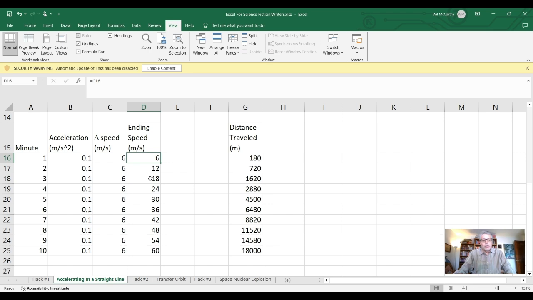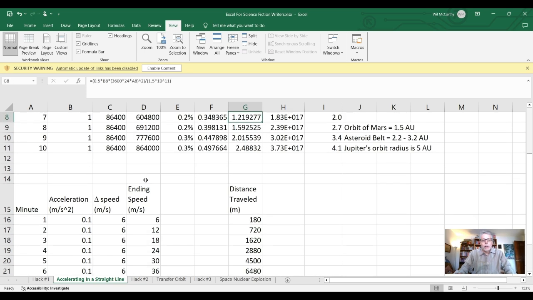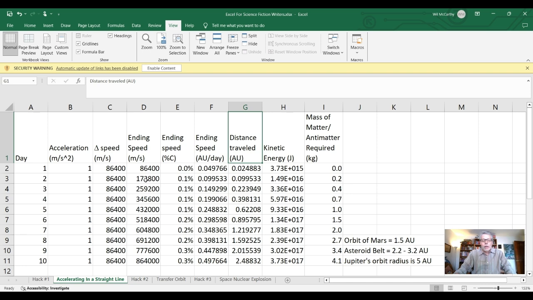And if we look at the distance, that means that we can travel 18 kilometers in 10 minutes at that very gentle acceleration. So again, this acceleration adds up over time, and that's how we can model it using Microsoft Excel. That's all for this time.